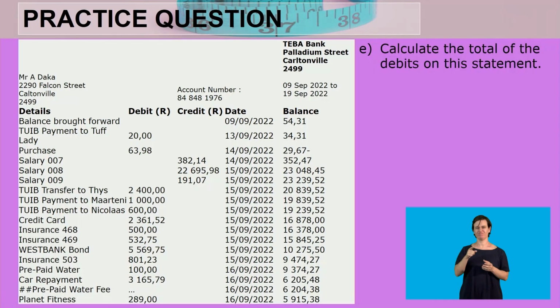Then number E, calculate the total of the debits on this statement. So debits means we are here on this part. So now we are going to calculate all of them, adding them all together and see how much was debited on this.